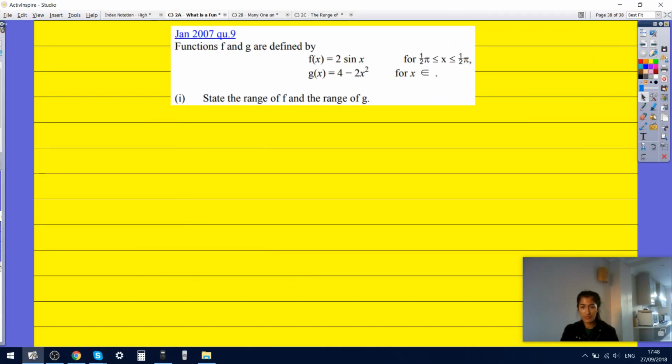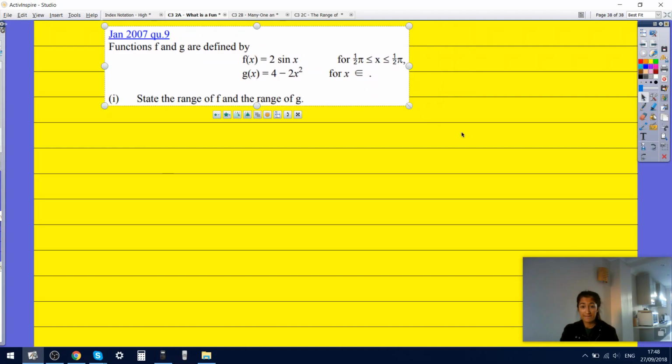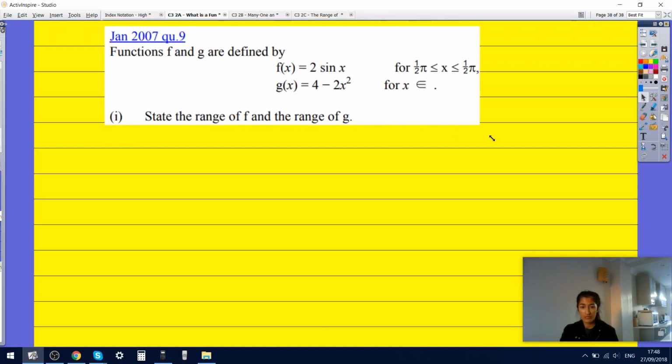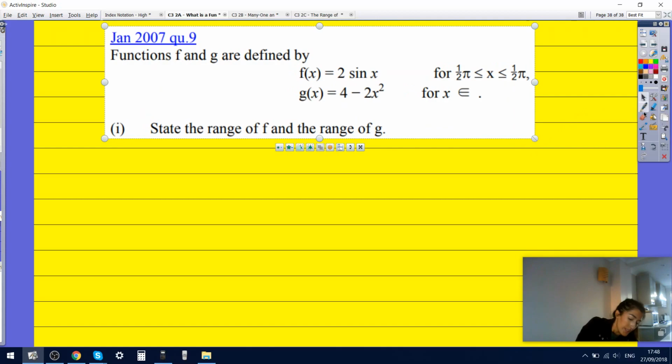Okay. Let's try this. Oh, that's well hard. For half pi has to be greater than or equal to half pi.